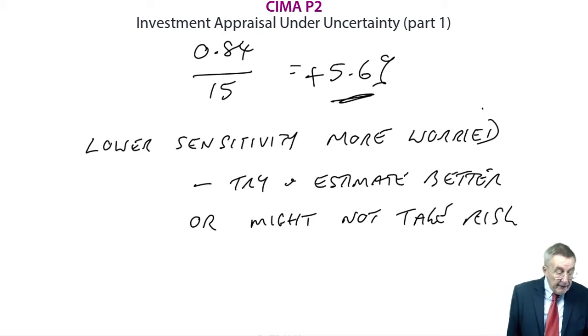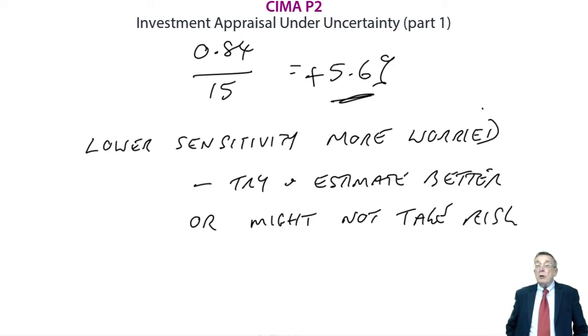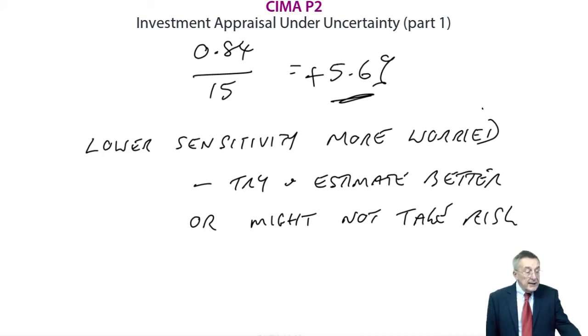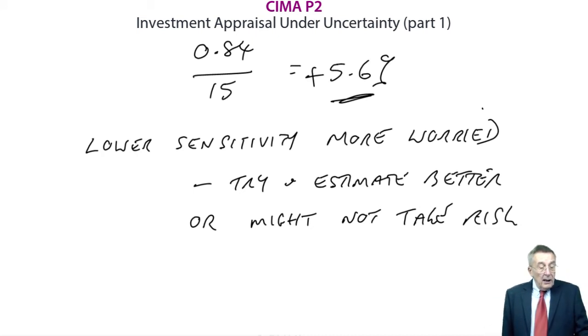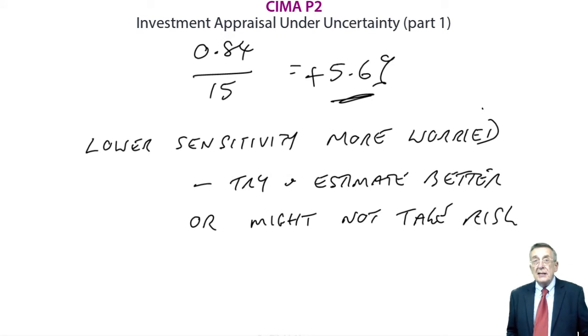Which leads me very briefly to the next bit, Monte Carlo simulation. This is something where you couldn't be asked to do any arithmetic at all. Just be aware of it. Without me reading through the stages, it addresses the problem of sensitivity analysis.